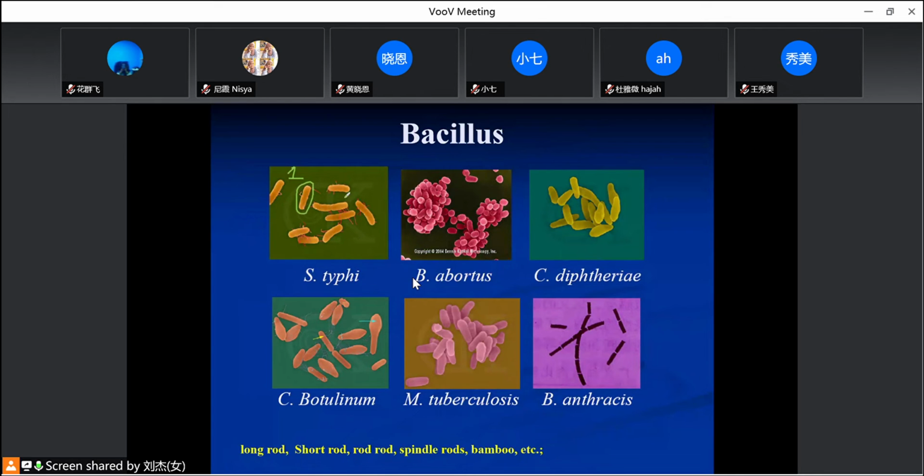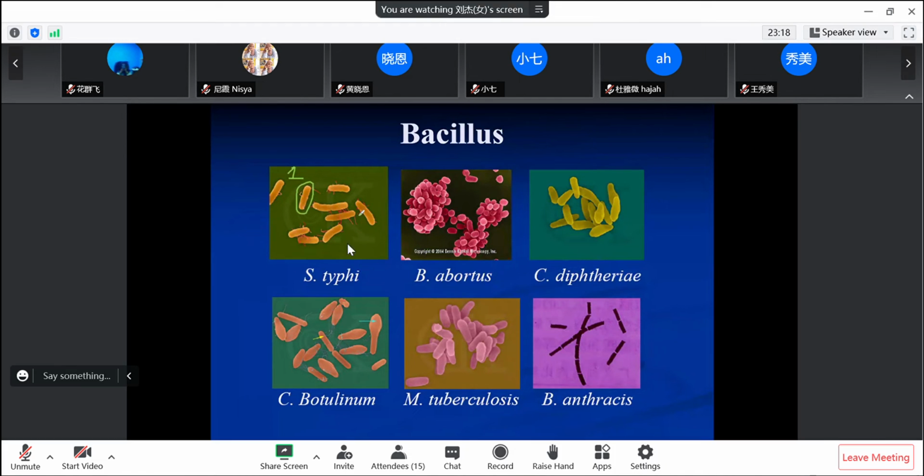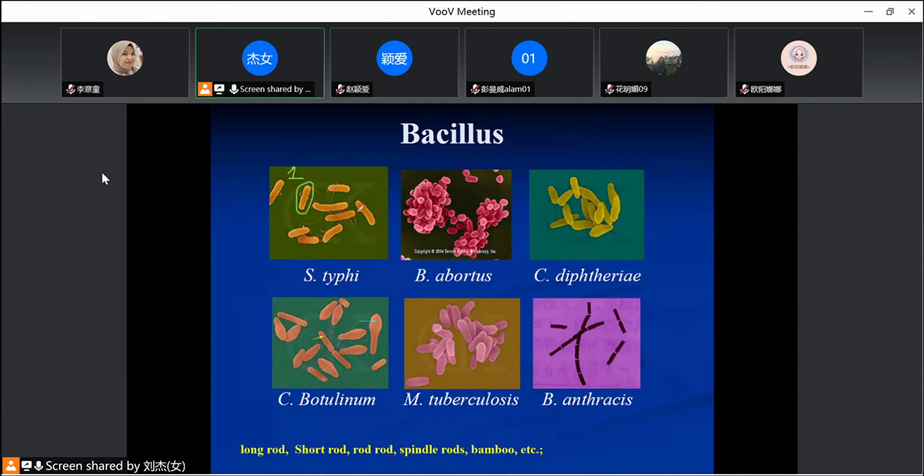If this is a female bacteria, they have long hair, but the others are male bacteria because they have short hair? Of course, it's not like this. If you have learned cell biology, maybe some students know that these are the flagellum. Flagellum is just like the hair of the bacteria.